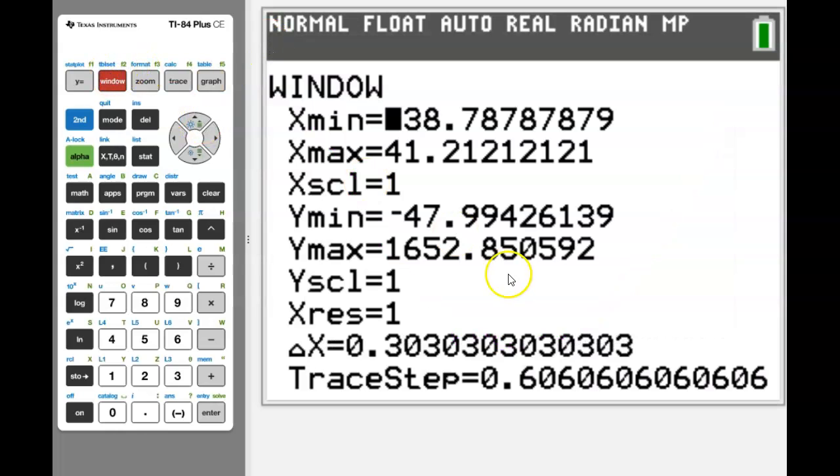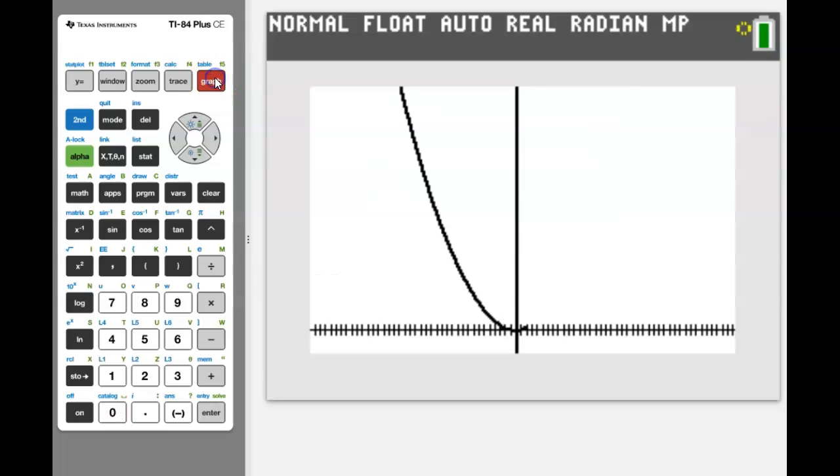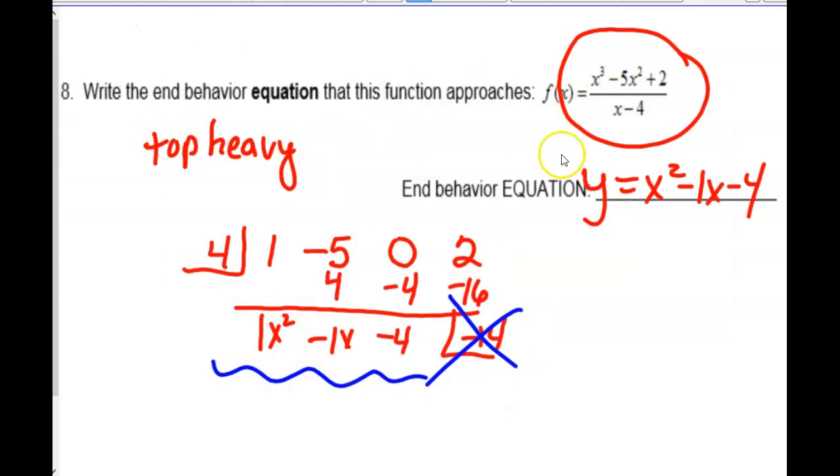I don't know that we would have needed to go that high to see it. But there is something weird going on at 4, right? Because of the divisor of the original function. All right. Anyway, you read the yellow sheet. It says when it's top heavy, you divide, ignoring the remainder.